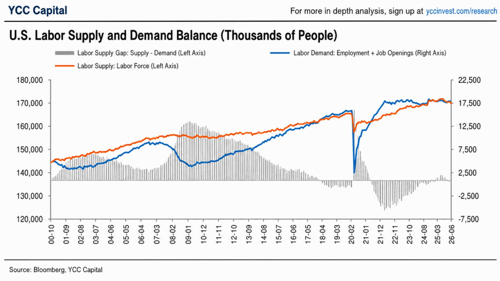To understand why unemployment has remained relatively stable, we need to look beneath the surface at the balance between labor supply and labor demand. This chart compares the available labor force with total labor demand, measured as employment plus job openings. The gray bars represent the difference between supply and demand.